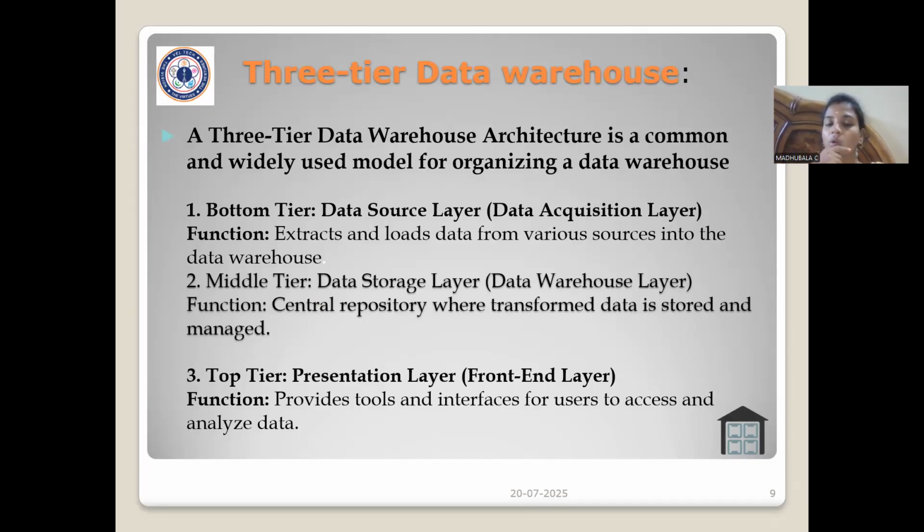This layer focuses on processing and transformation. The data warehouse acts as an intermediate between client and source, between the bottom and top layer. This layer focuses on processing and transforming data for analysis.